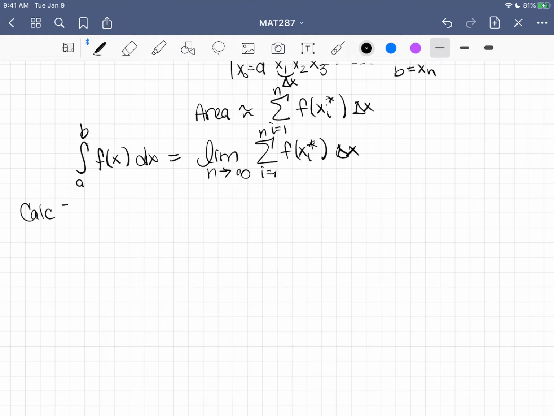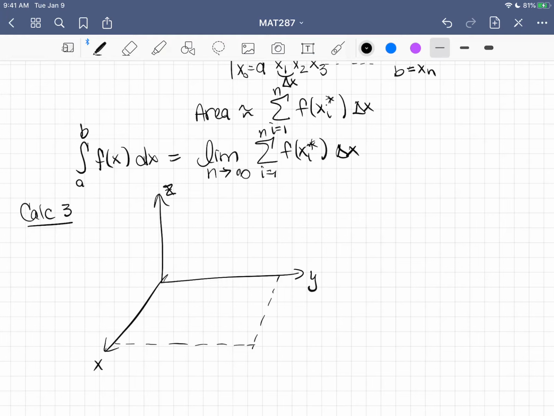Okay, so now in Calc 3, my domain is no longer just on the x-axis, right? My domain is some region in the xy plane. Here, I'm going to just pretend that my domain is rectangular.